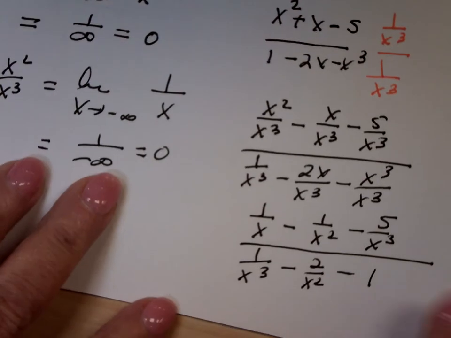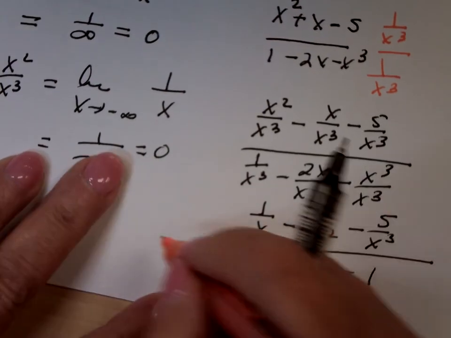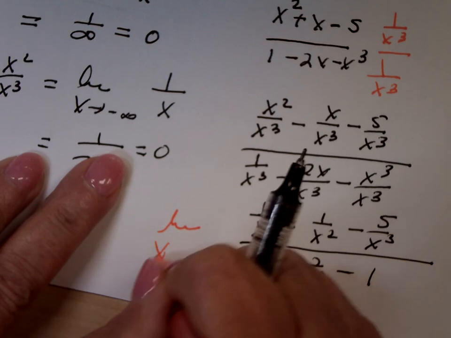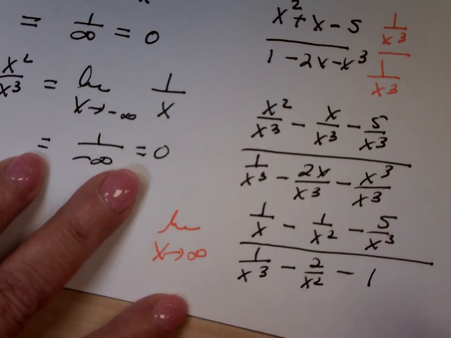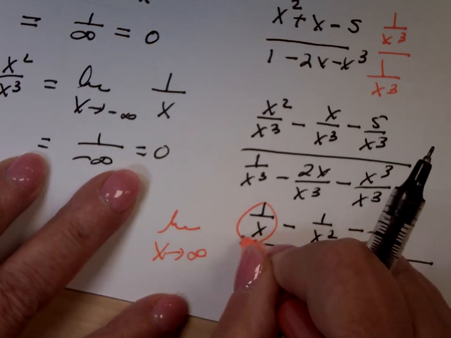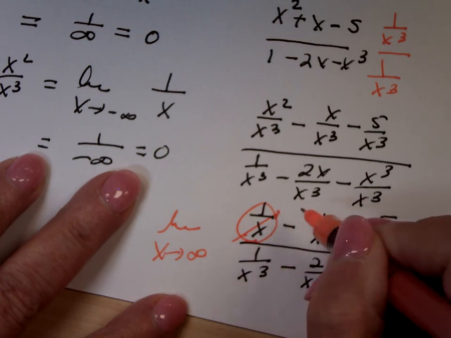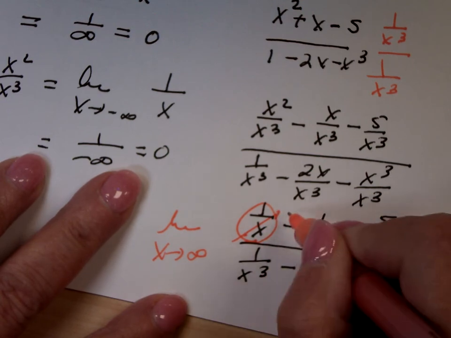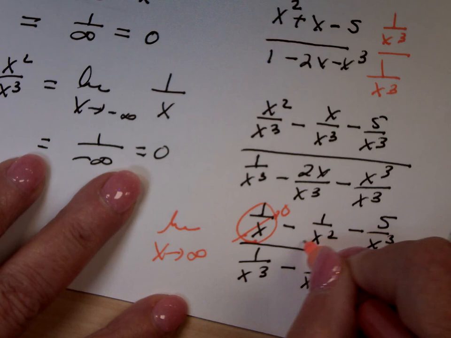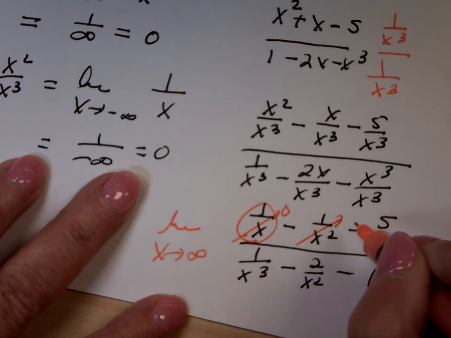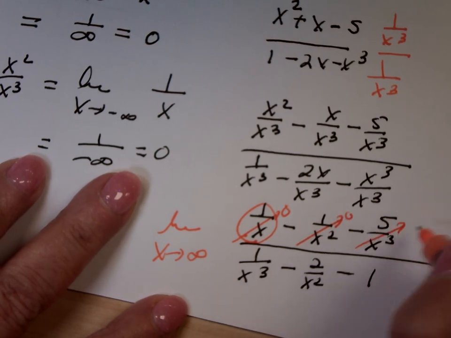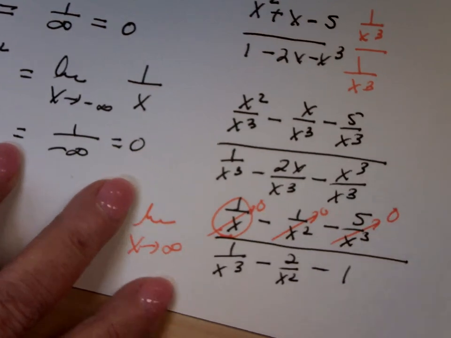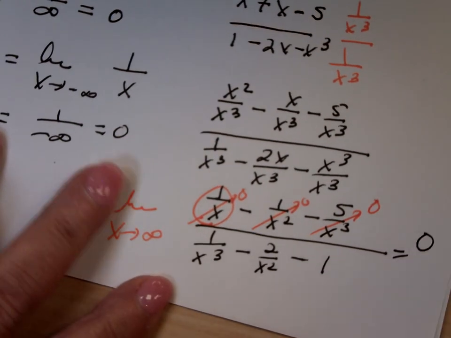Now what you notice is, if I take the limit as x goes to infinity, what happens? This guy goes where? 0. That's 1 over infinity, or 0. This guy goes where? 0. This guy goes where? 0. So that says I've got 0 in the numerator.